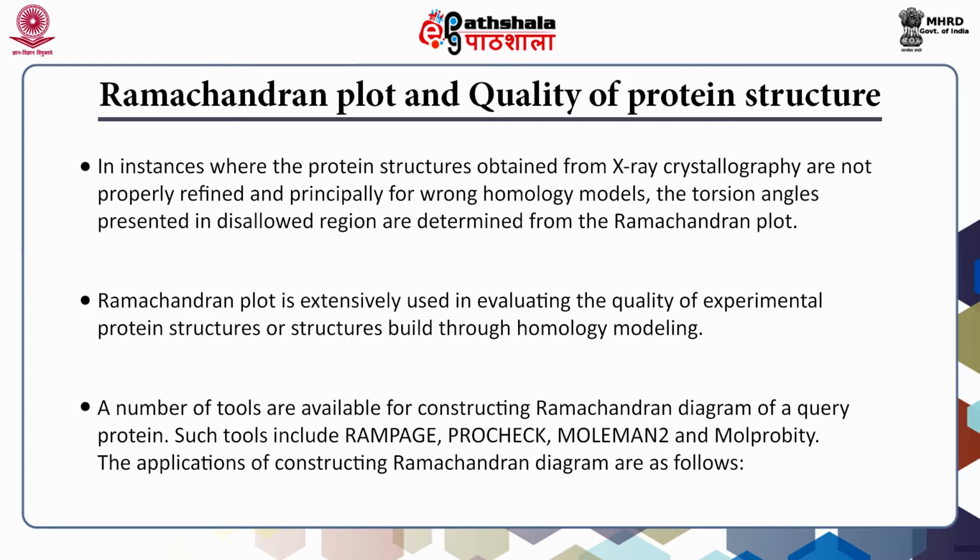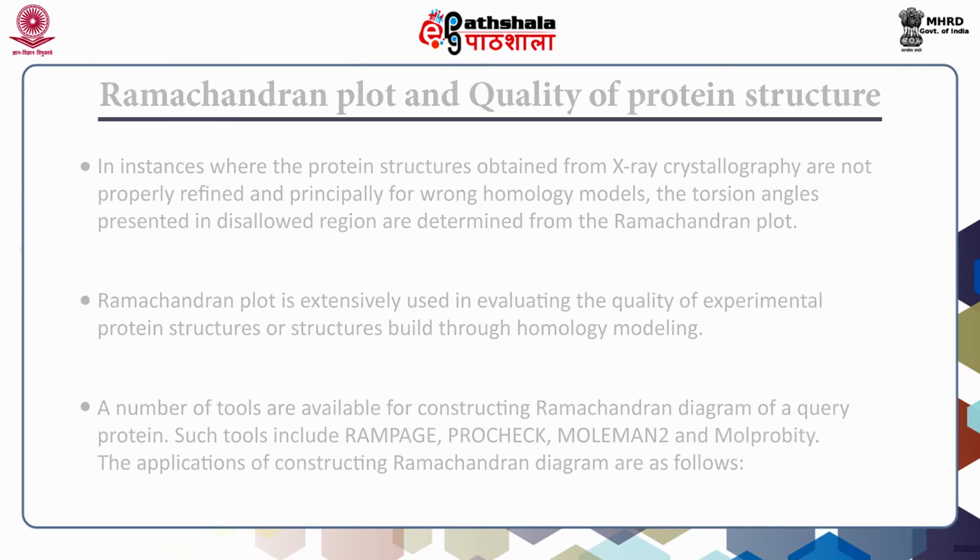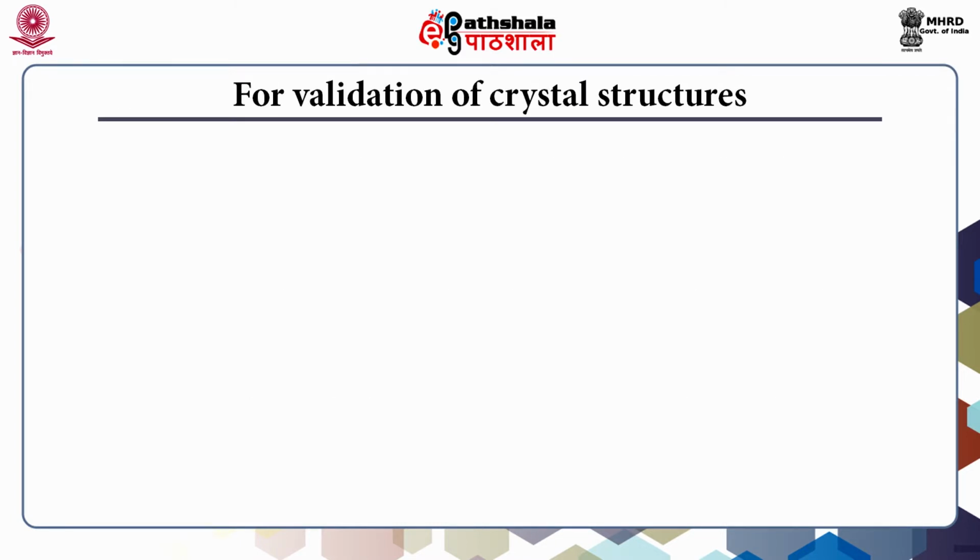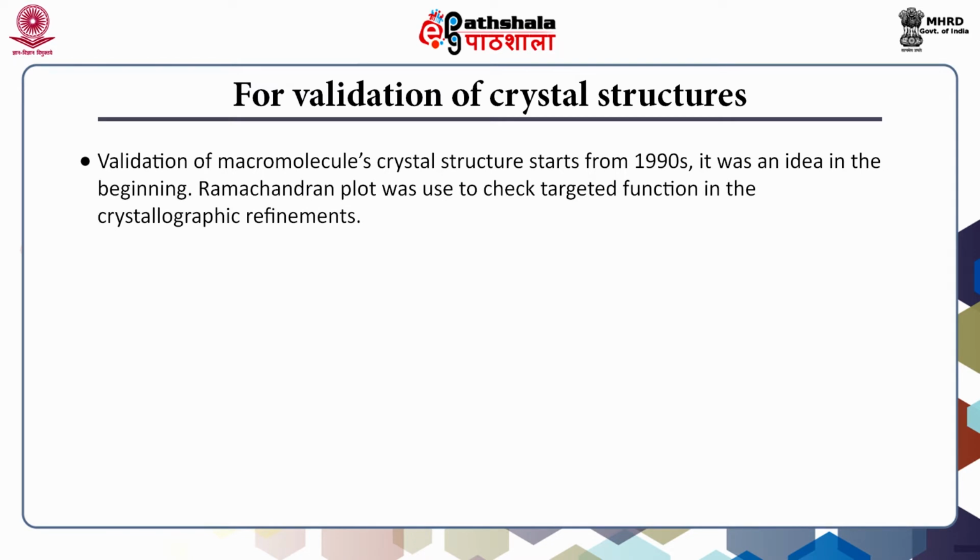The applications of constructing Ramachandran diagrams are as follows. For validation of crystal structures, validation of macromolecular crystal structures starts from the 1990s. It was an idea in the beginning. The plot was used to check the targeted function in the crystallographic refinements.